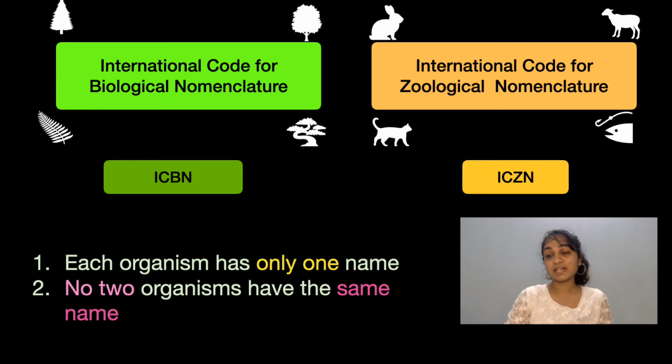Basically, ICBN helps with naming of different species of plants, and ICZN takes care of the naming process for different animal species. And these two codes make sure that each organism has only one name and no two organisms have the same name. I hope that was clear.